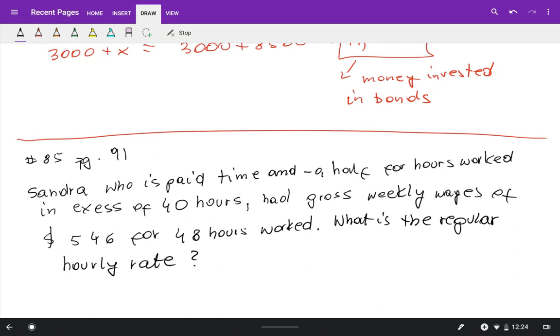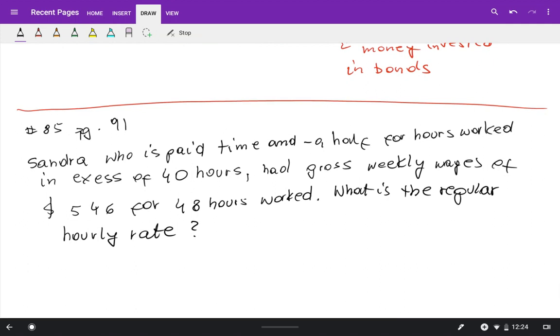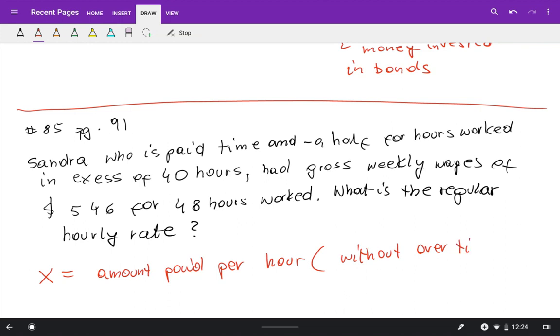Okay, so what they ask you here in this problem is how much Sandra makes per hour. So my variable will be X, the amount paid per hour, of course without overtime, so just her hourly rate.